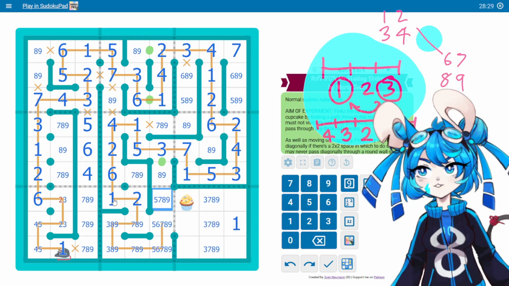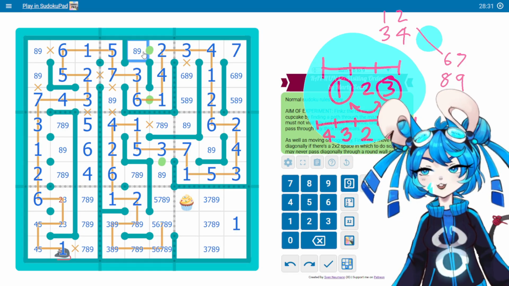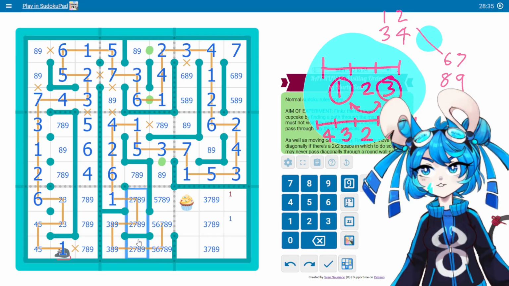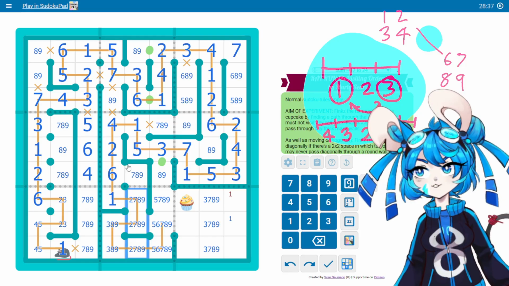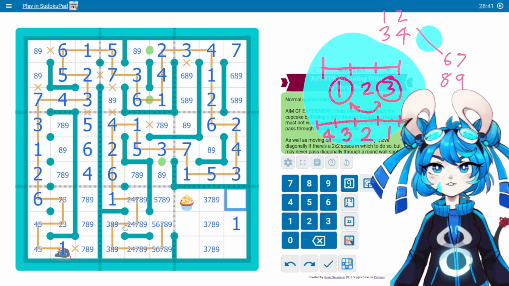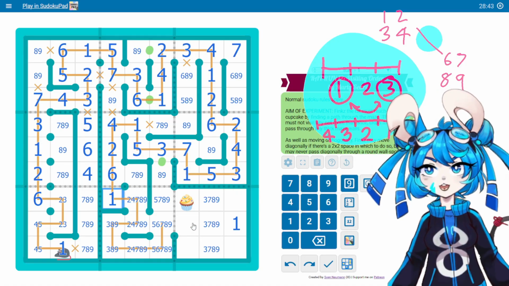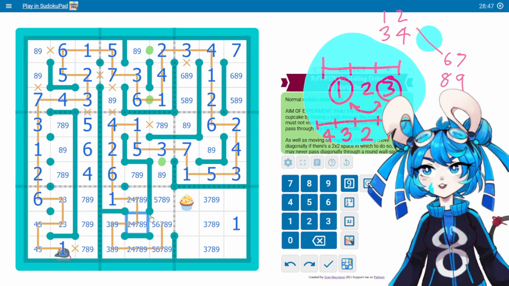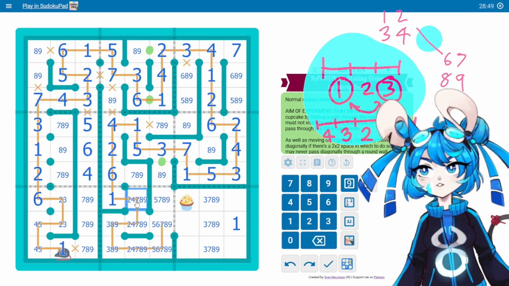Huh? Wait a second, I missed something in this column. This could also be a 4. Oops. Either way, I don't think that changes the 2, because 1, 1, 2, 3, 4. There can't be a 2 here anyways.